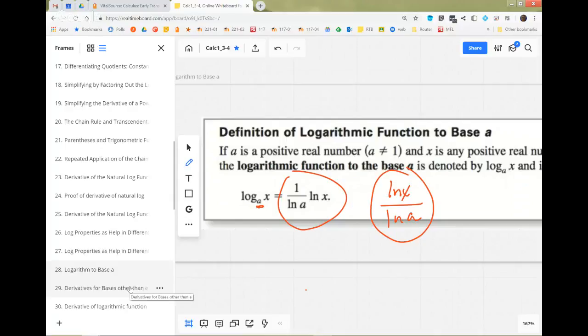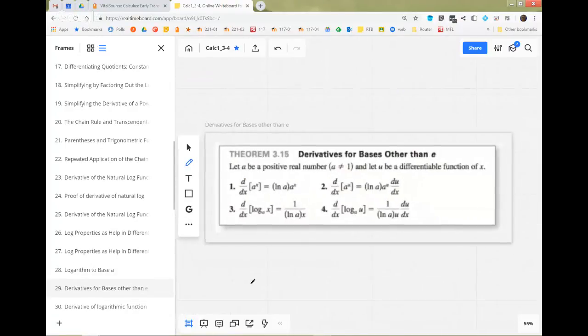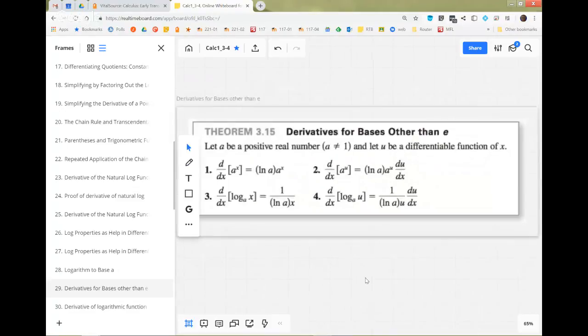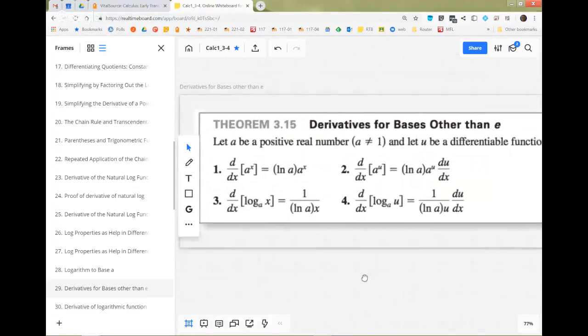All right. Last new thing we've got. So these 4 things actually are somewhat the same.